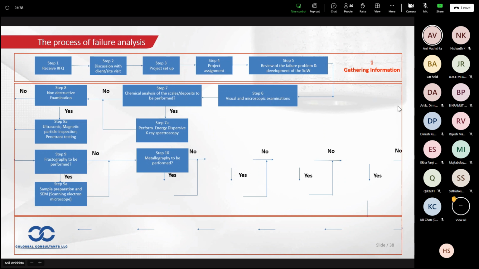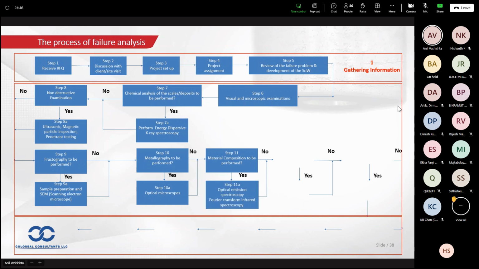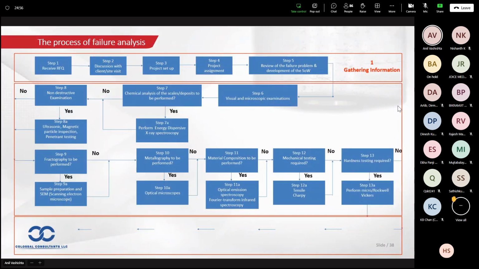Then we perform the metallography using an optical microscope, then material composition of the failed component by OES, or FTIR if it is a coating, etc. Mechanical testing: tensile, Charpy, hardness, the Rockwell, Brinell, Vickers. So all these steps.